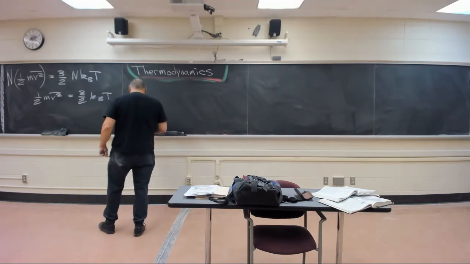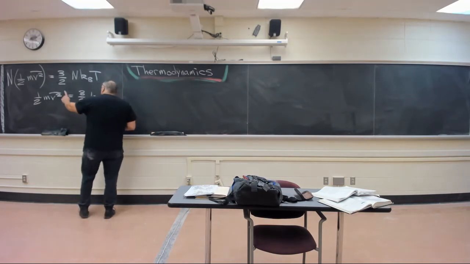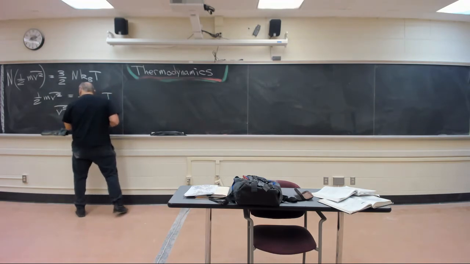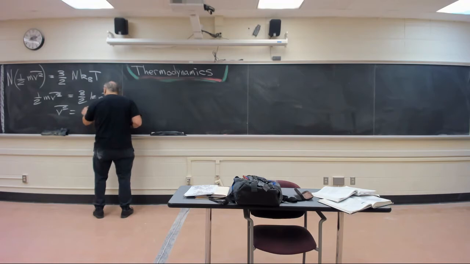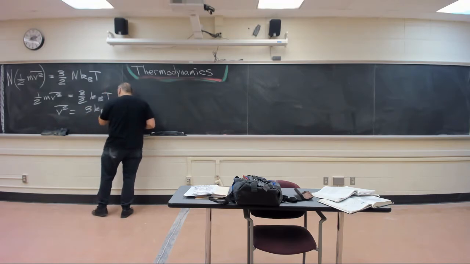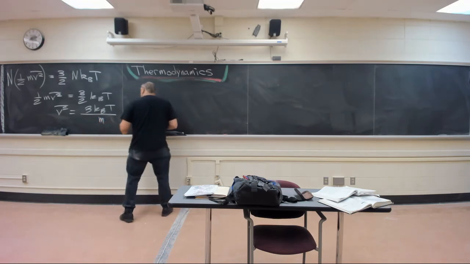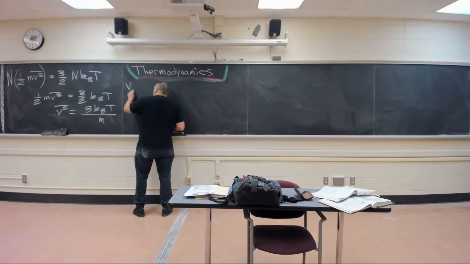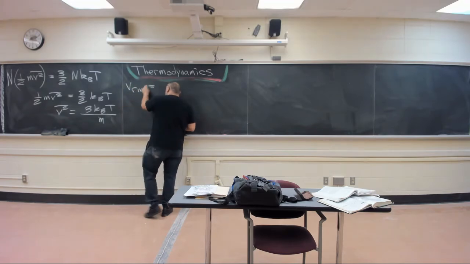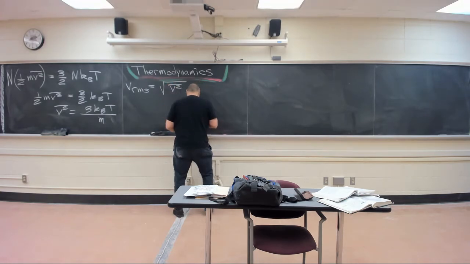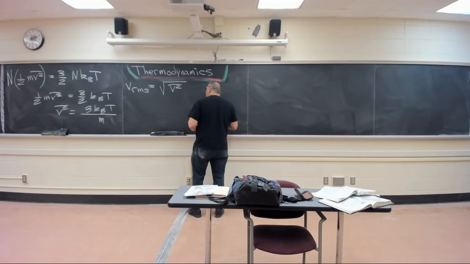Multiply by 2 and divide by M. VRMS is the square root of the average, the square root of the average of the squares.